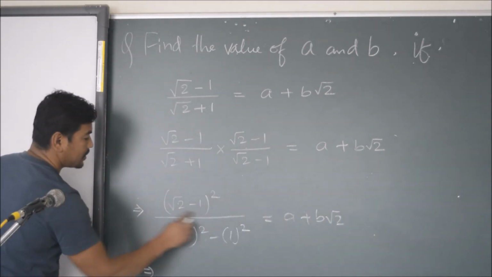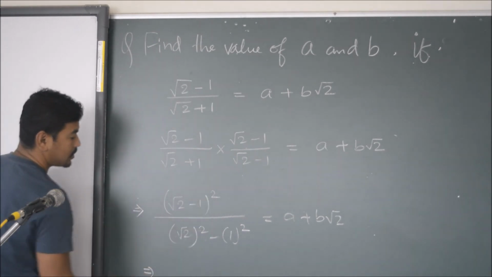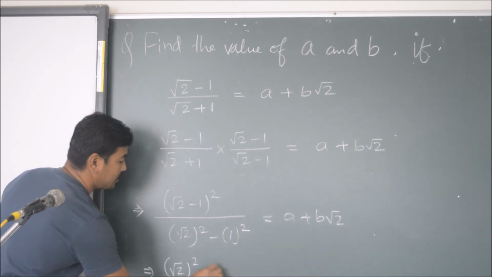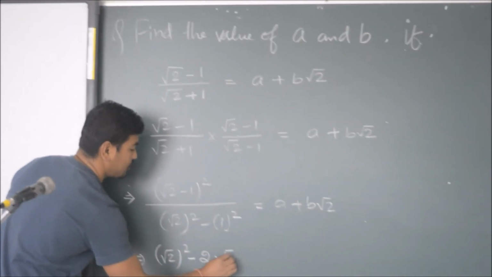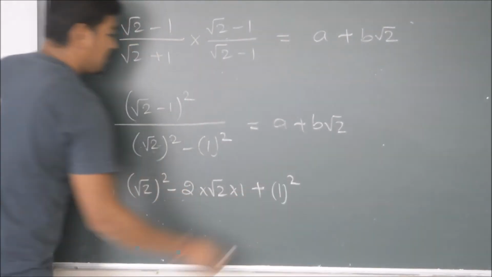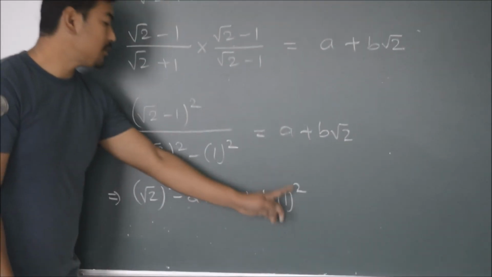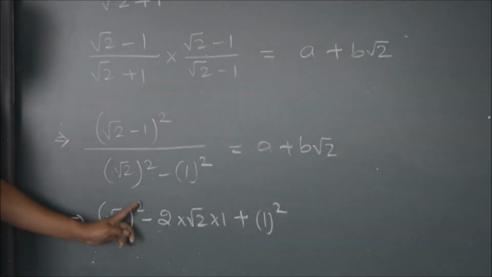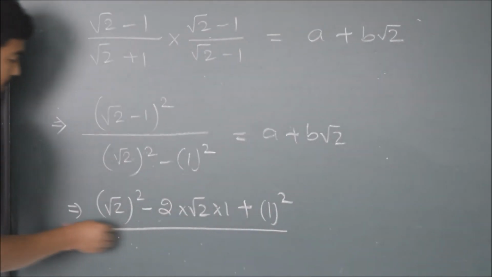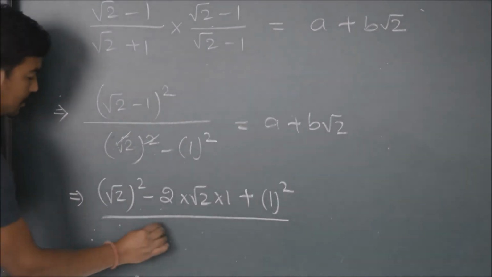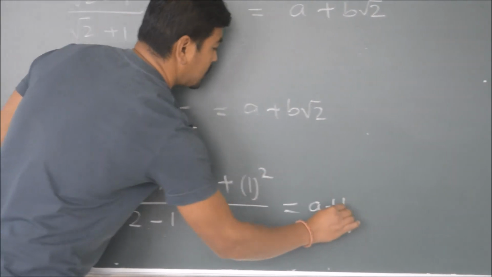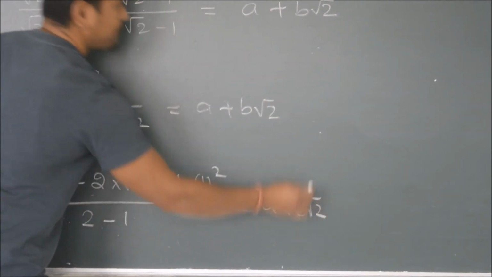Let us expand this one by using the a minus b whole square identity. So root 2 square minus 2 into root 2 into 1 plus 1 square. So you don't get confused, here I have used the formula a square minus 2ab plus b square, divided by here 2 minus 1, equals a plus b root 2.